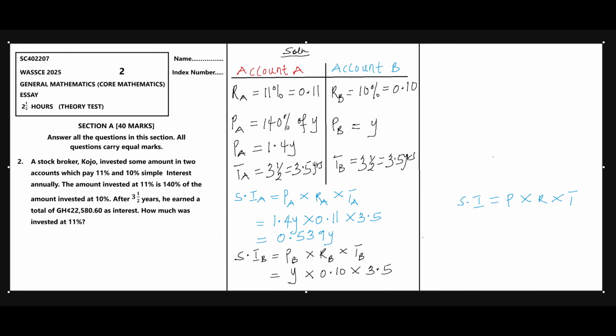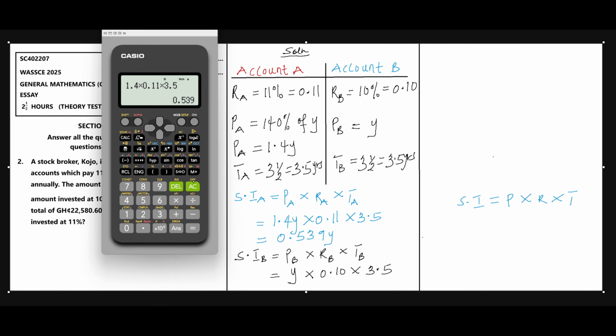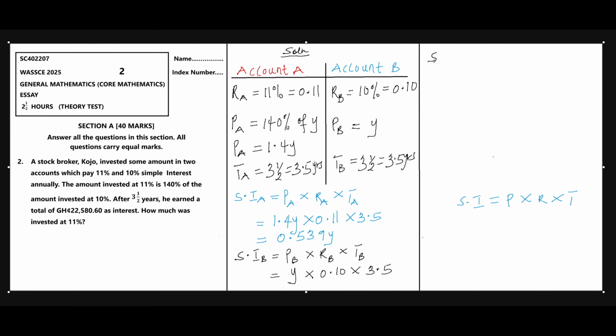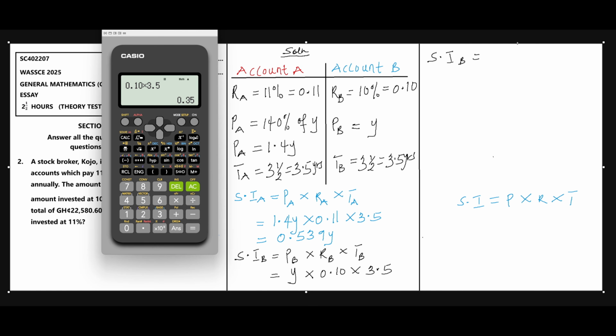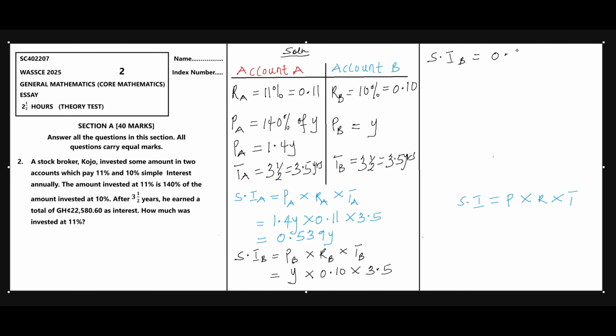So we have 0.10 times 3.5. So the simple interest for account B is 0.35y.